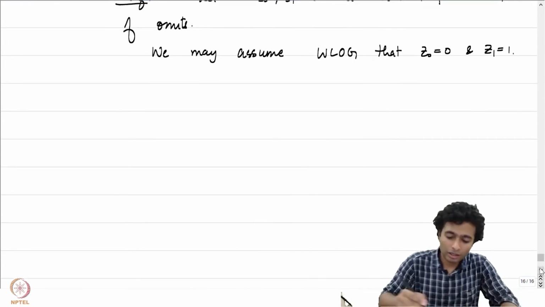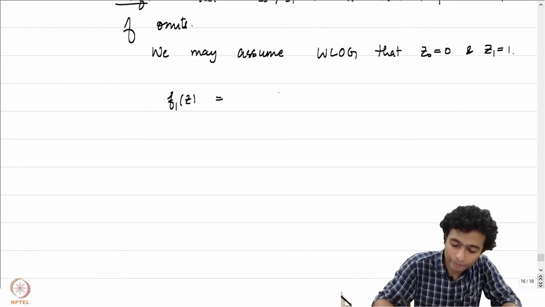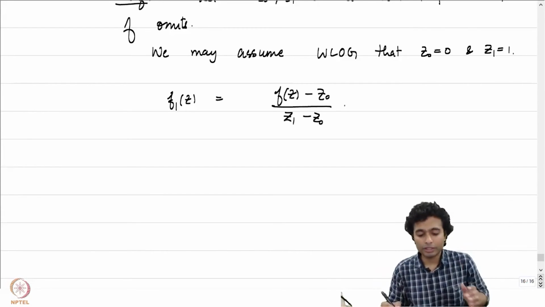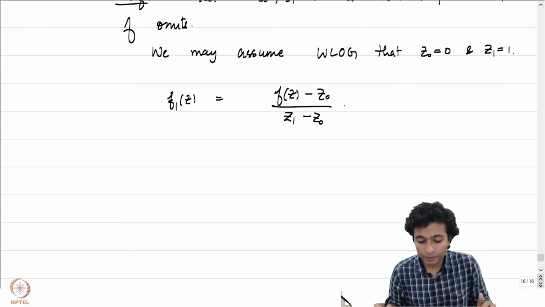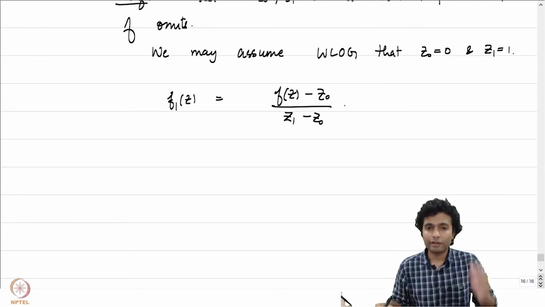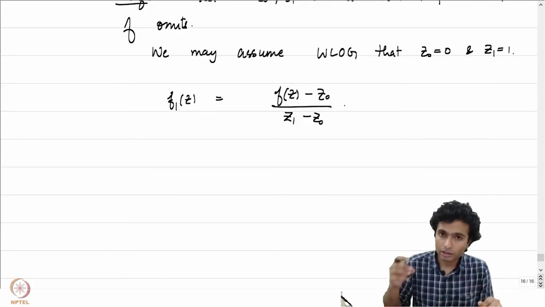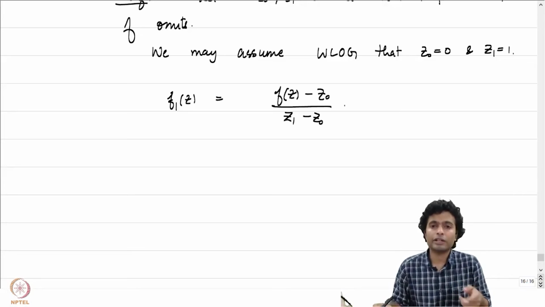Otherwise, consider the function f1 of z defined to be (f of z minus z0) by (z1 minus z0). Notice that since f does not take the value z0, f1 never vanishes. So, f1 omits the origin, and since f does not take the value z1, f1 never takes the value 1.